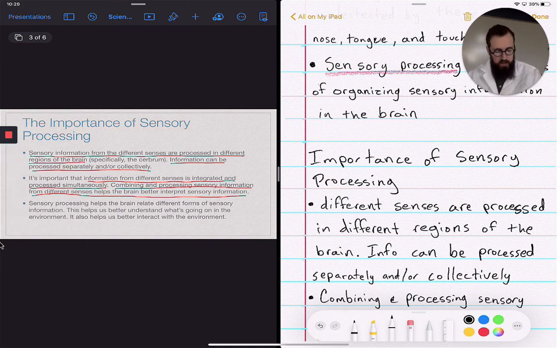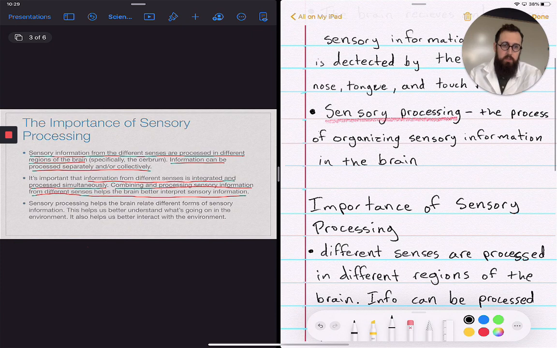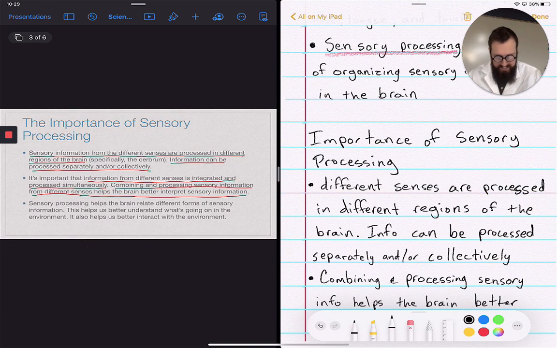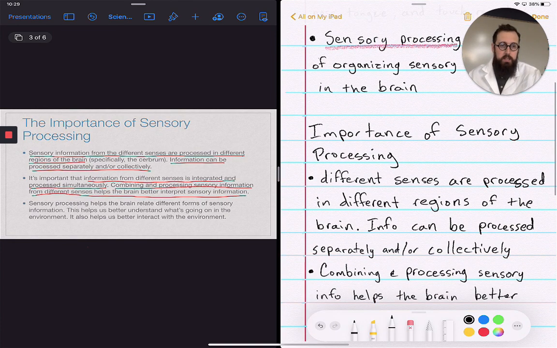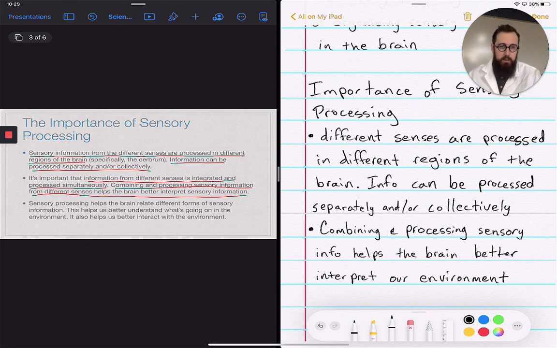So what I did is, after creating a new section, I skipped a line and I wrote "importance of sensory processing," just to make it clear that I'm starting a new section. And then I put a bullet point and I put different senses are processed in different regions of the brain. Info can be processed separately and/or collectively. Combining and processing sensory information helps the brain better interpret our environment.